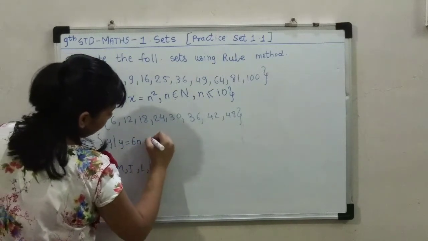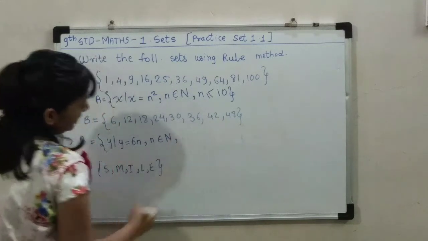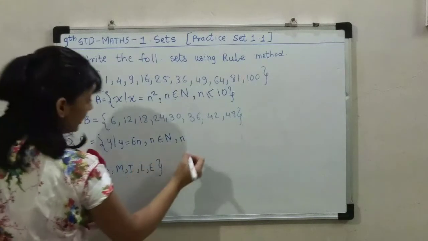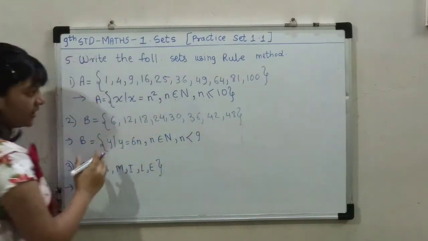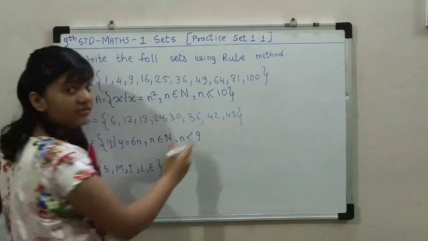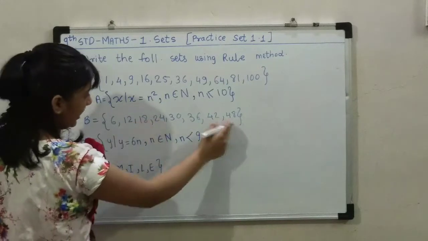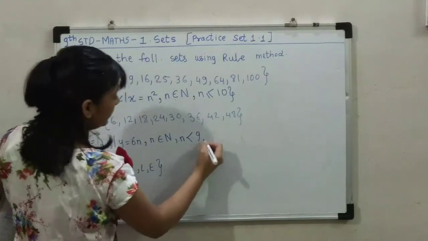And these numbers are again elements of natural numbers, and n is less than 9, because they have written till 8 only. 6 8s are 48. They have not given 6 9s are 54. 8 only they have given, so less than 9 means till 8.